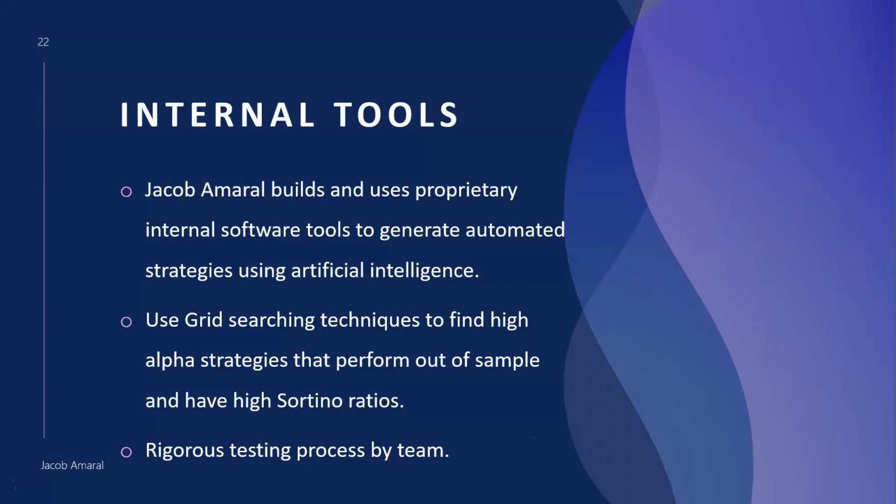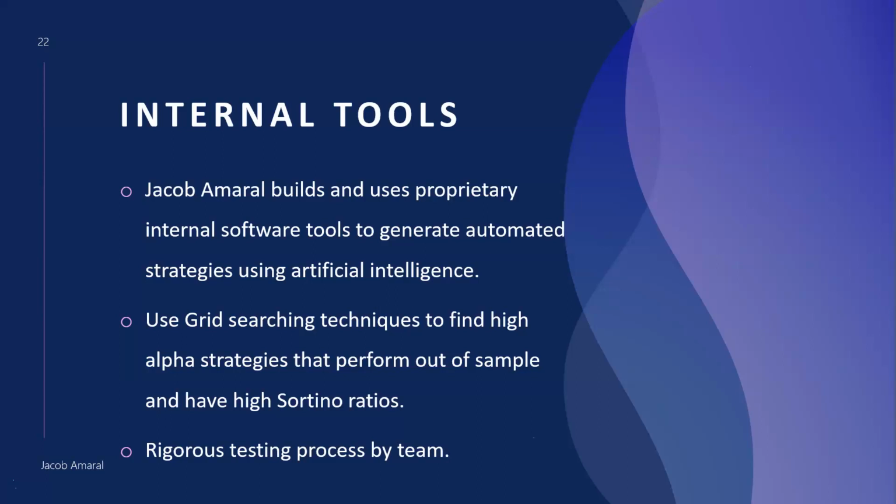I have some internal tools that I use to generate automated strategies using AI. So I have my own tool called Stratgend that I use to generate strategies for me, and to help me find alpha or find good strategies. And it mainly uses grid searching techniques to find those strategies.